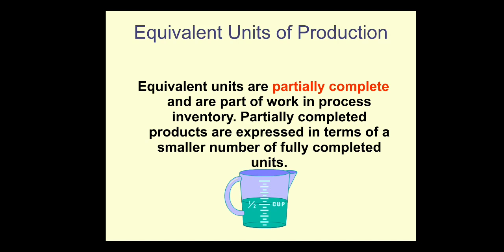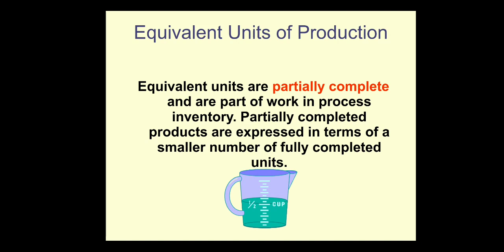So for process costing system, total production cost or manufacturing cost equals direct material cost plus conversion cost. And remember, conversion cost equals direct labor cost plus manufacturing overhead cost. So to make it simple, total production cost for process costing method equals direct material cost plus conversion cost.